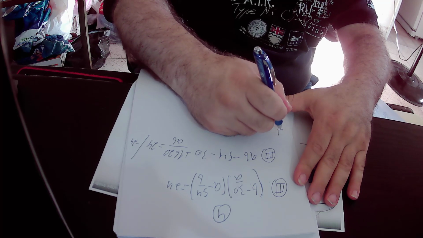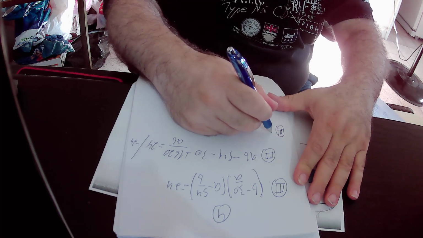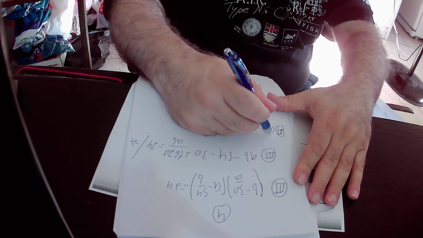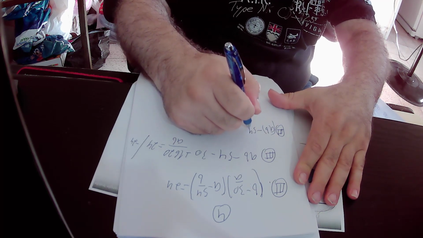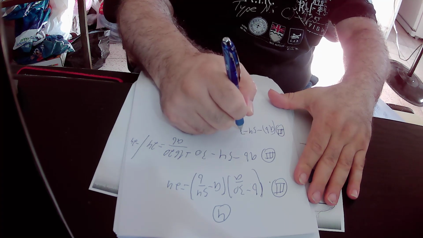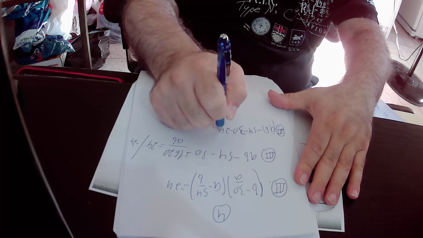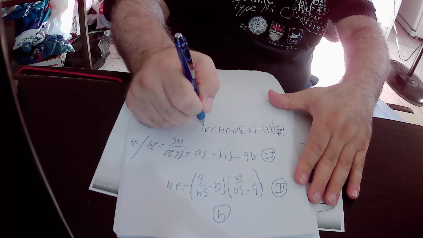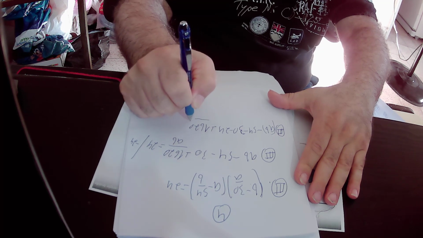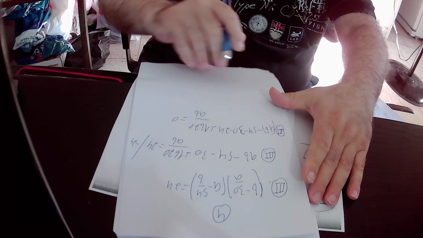We will get that ab, negative 54, negative 30, negative 24, plus 1620 over ab equals 0.